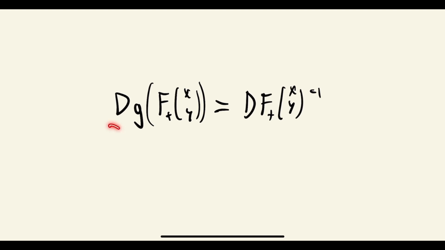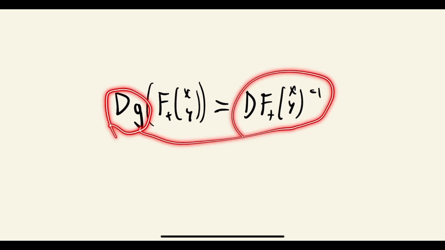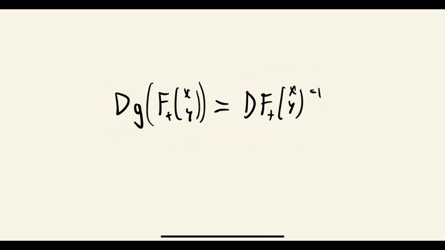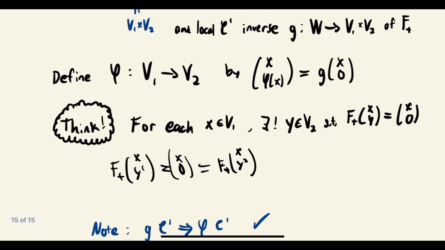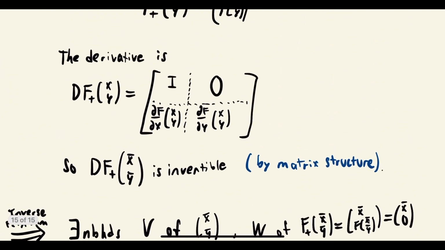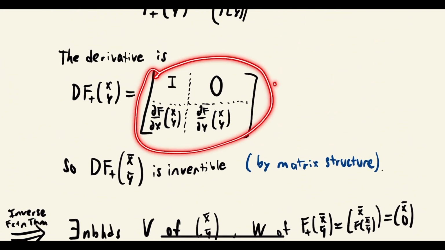So in other words, the derivative of the inverse equals the inverse of the derivative. But the point is that this matrix here is invertible. So what is this matrix? Well, if we go back one more time over here, this matrix here is invertible.